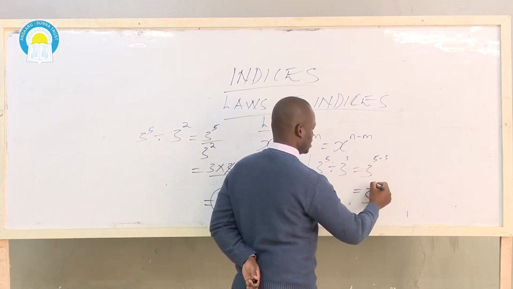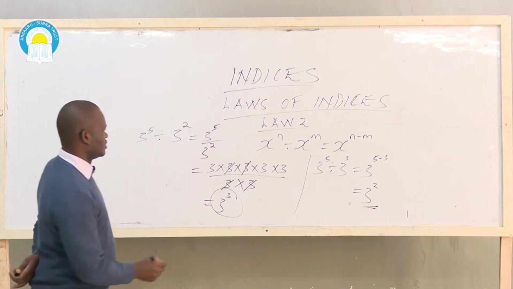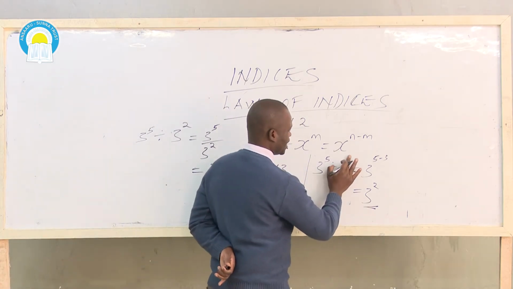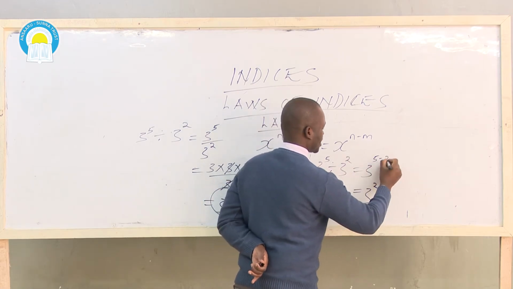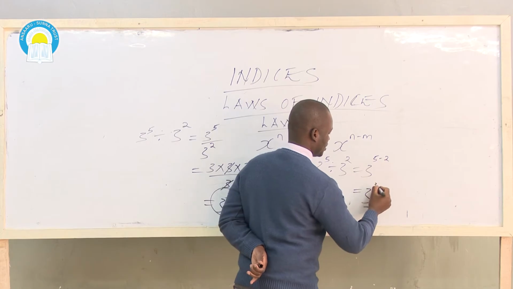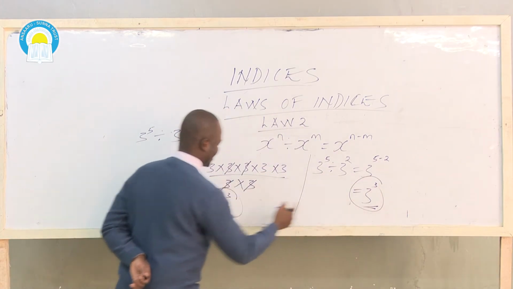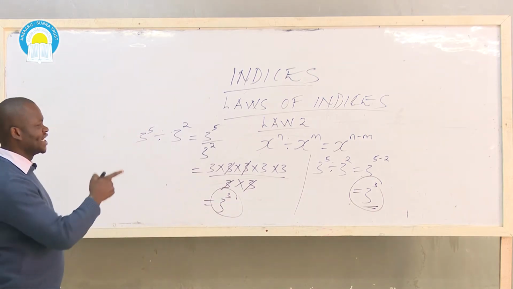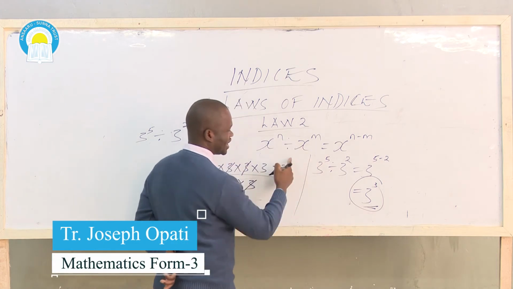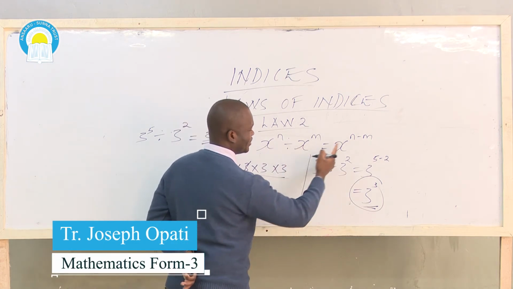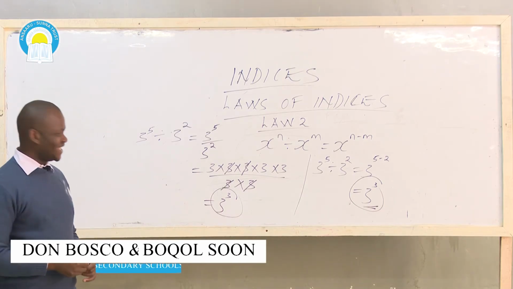This will give you 3 power 3. I made a mistake earlier, sorry. If you're very keen, the outcome here is the same. So what are we saying? In regard to law number 2, whenever you divide and the bases are the same, subtract the powers or indices.